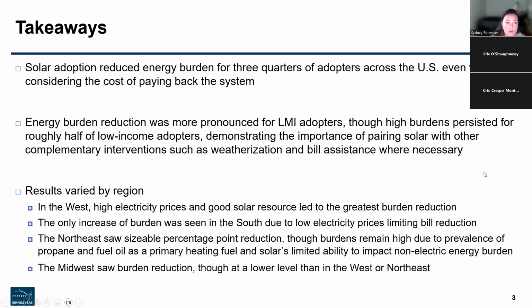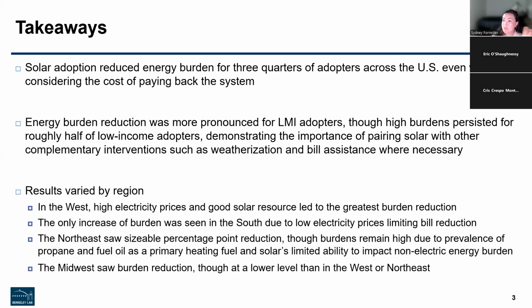So when we did that, what we found was that we had essentially reduced energy burden due to solar adoption across the majority of these adopters in the US. So that was about 3/4 of adopters. And again, that is taking into account the cost of paying back the system.